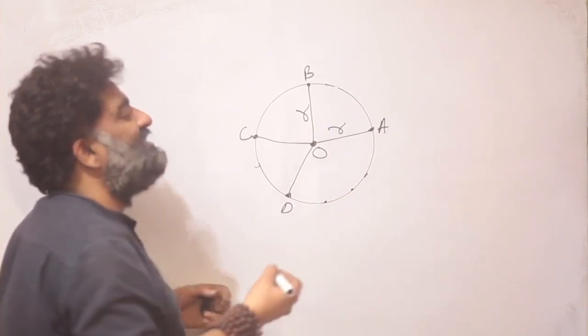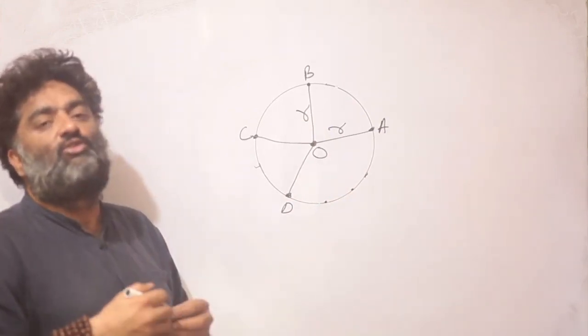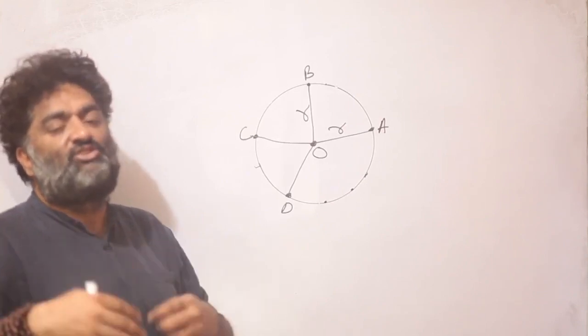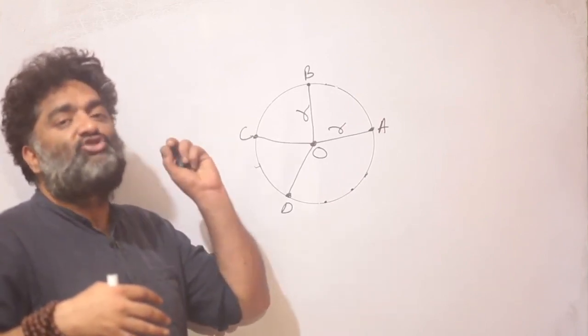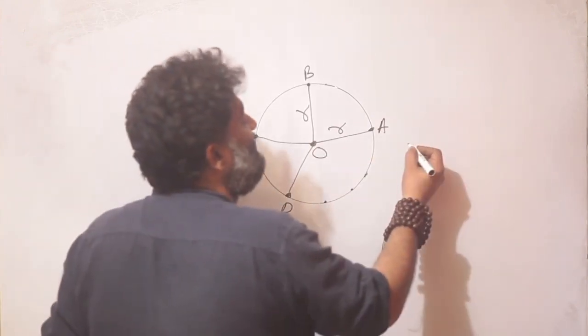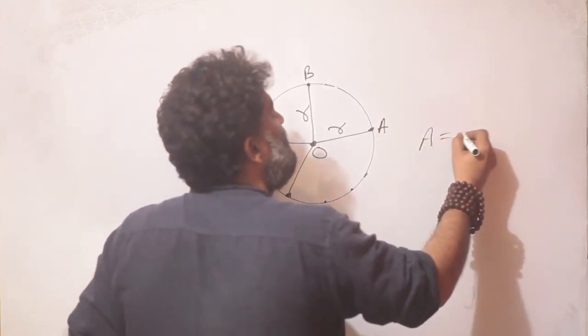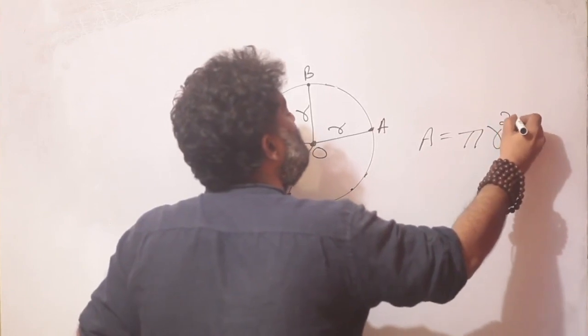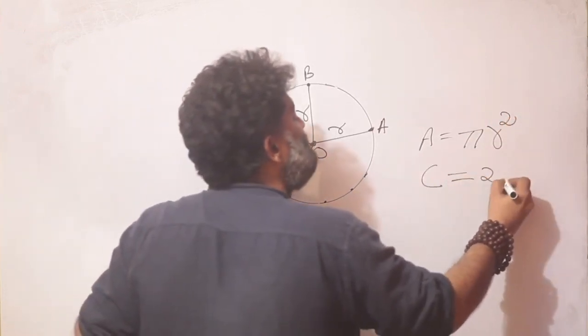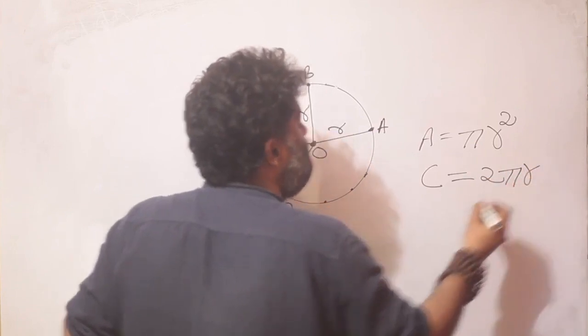And some properties of circle, I'm assuming that you already know. We will be looking at the details and the proofs of it in another session altogether. But these are such common properties that most people know them, even if they don't understand them really well. One is that area is equal to pi r square, and that circumference is equal to 2 pi r.